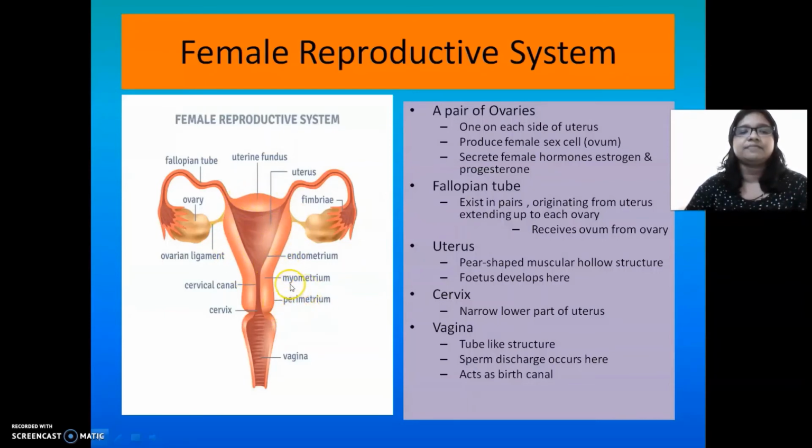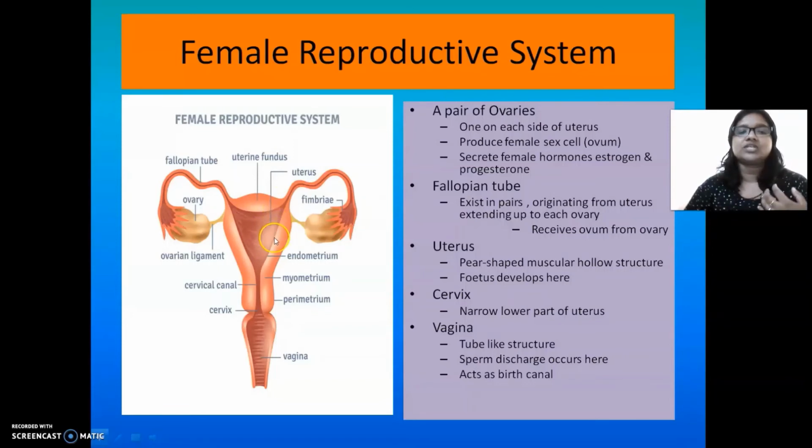Outer is the perimetrium, middle is the myometrium, and inner is called the endometrium. Starting from puberty, every month, the inner wall layer of the uterus prepares new blood vessels and gets thickened, to receive the fertilized product, which is called the zygote.